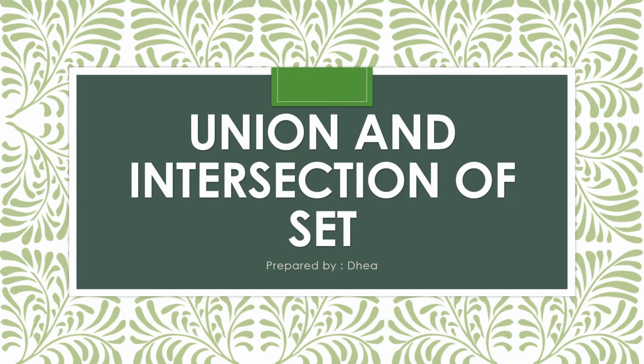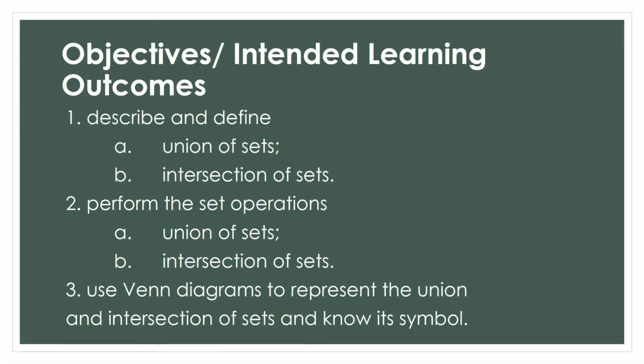What are the objectives for today's discussion? So, may I ask everybody to read out loud the objectives flashed in the screen? Describe and define union of sets, intersection of sets.